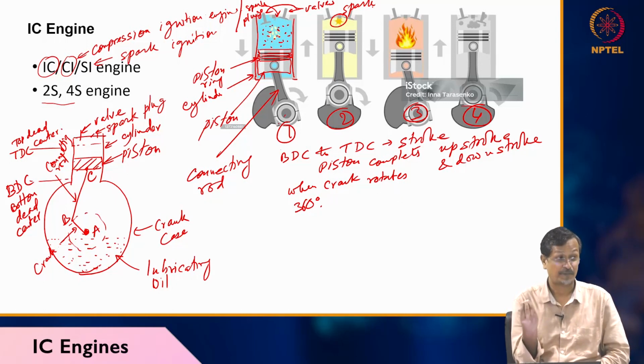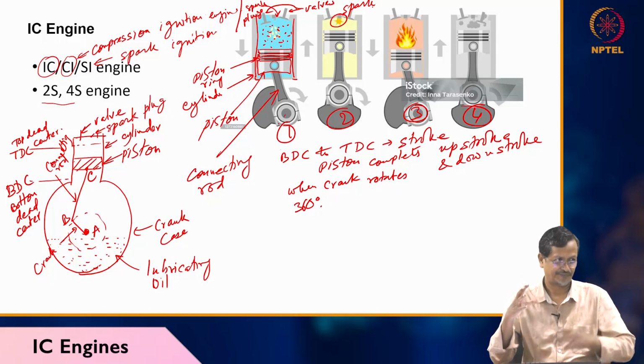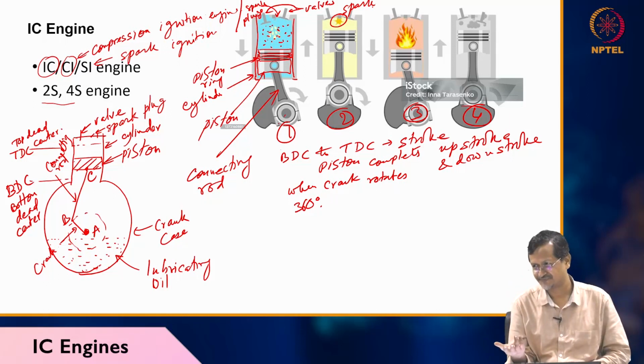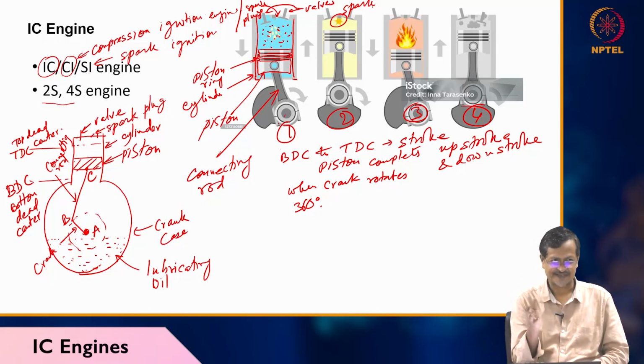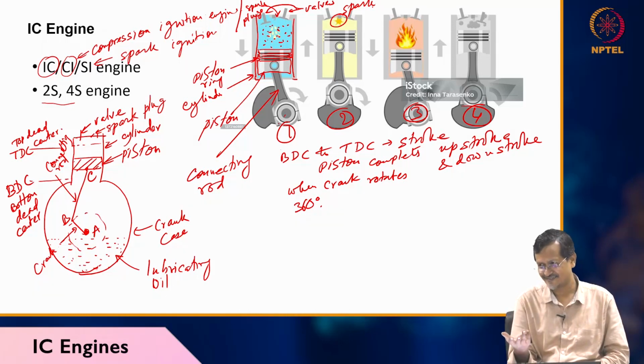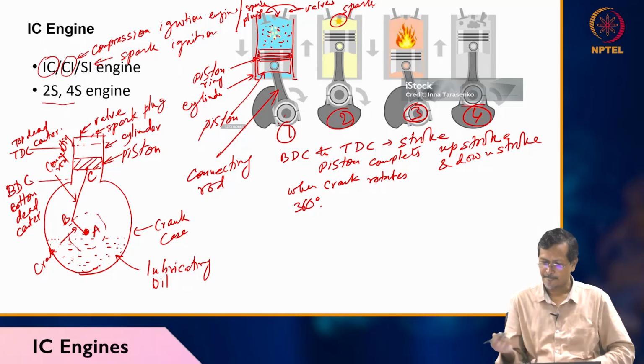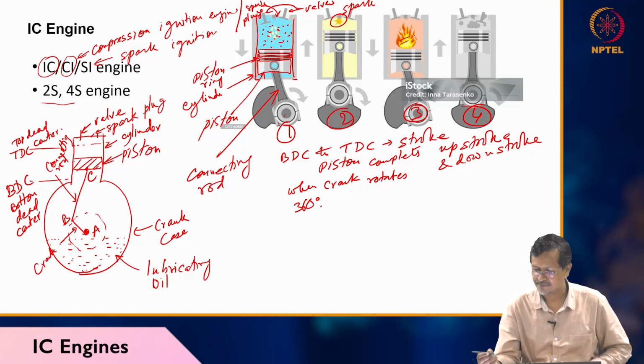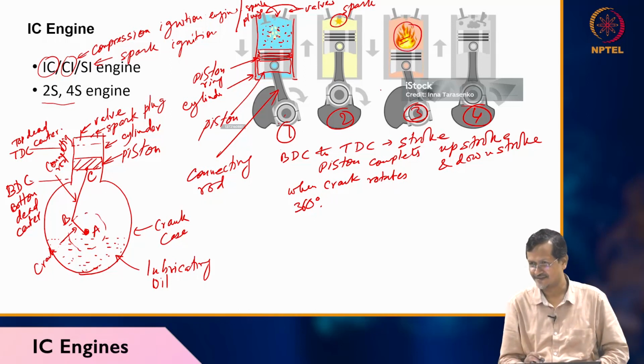Combustion is happening. When combustion happens, the small air and fuel mixture creates a very large volume because temperature increased. Because of Charles law, temperature increased means pressure increased, volume increased. You see in the third picture, lots of fire happening inside the cylinder.